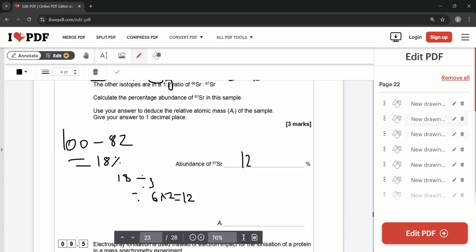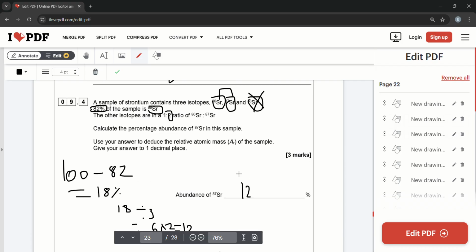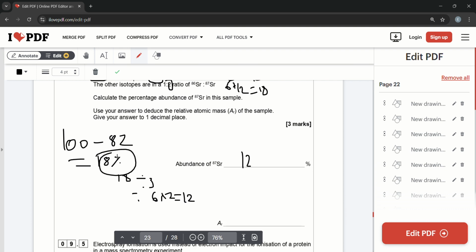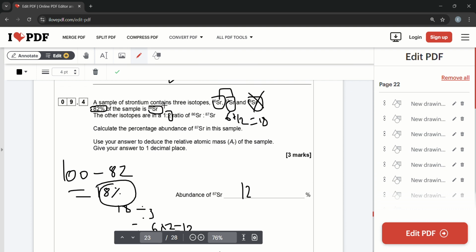And that makes sense, because 86Sr is the 1, so that must be 6. And 6 plus 12 equals 18, the remaining percentage, and 82 plus 18 gives us 100. So that's correct, 12%.